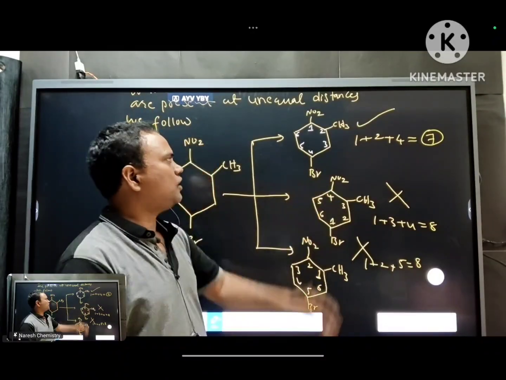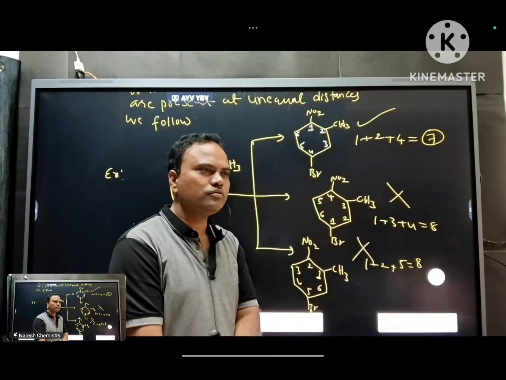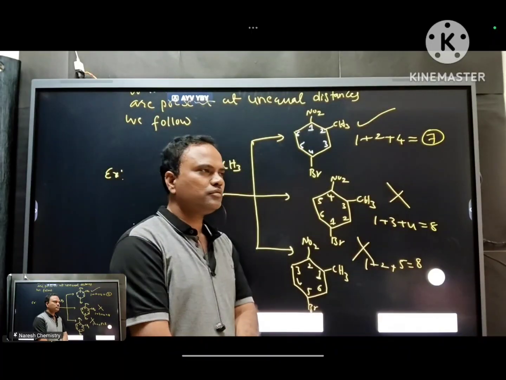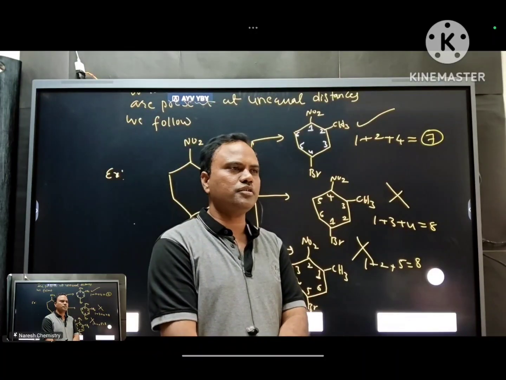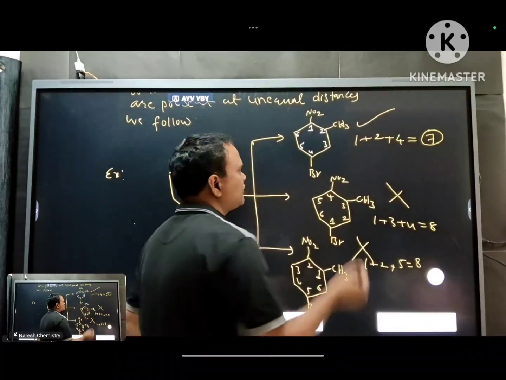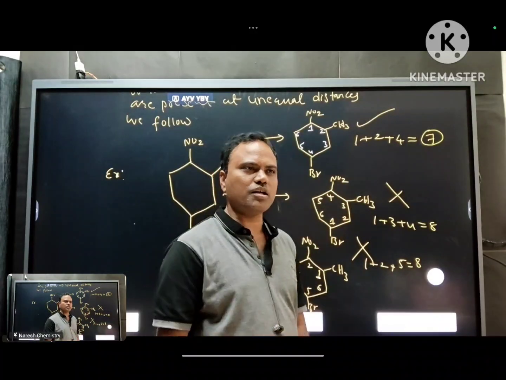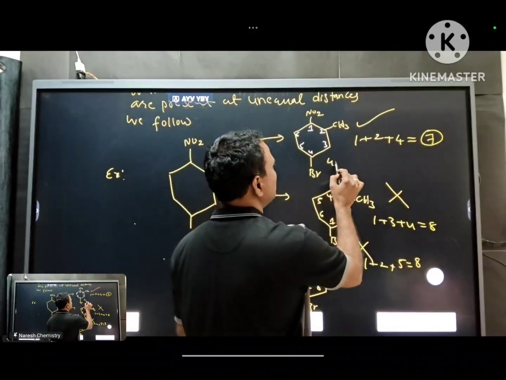Then how to give the name? 1 nitro, 2 methyl, 4 bromo cyclohexane. Correct? No. Alphabetical order only. Don't start with 1 nitro. Numbering is correct, but while writing the names, you follow alphabetical order. 4 bromo.